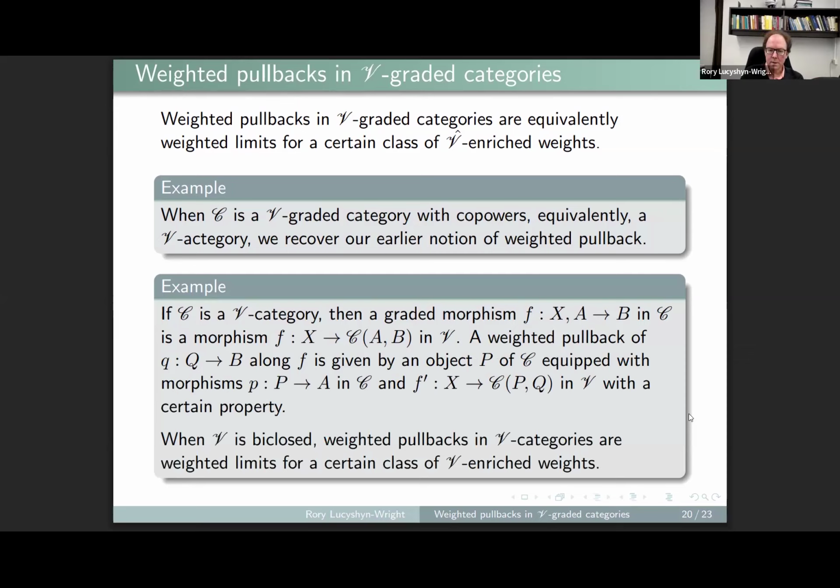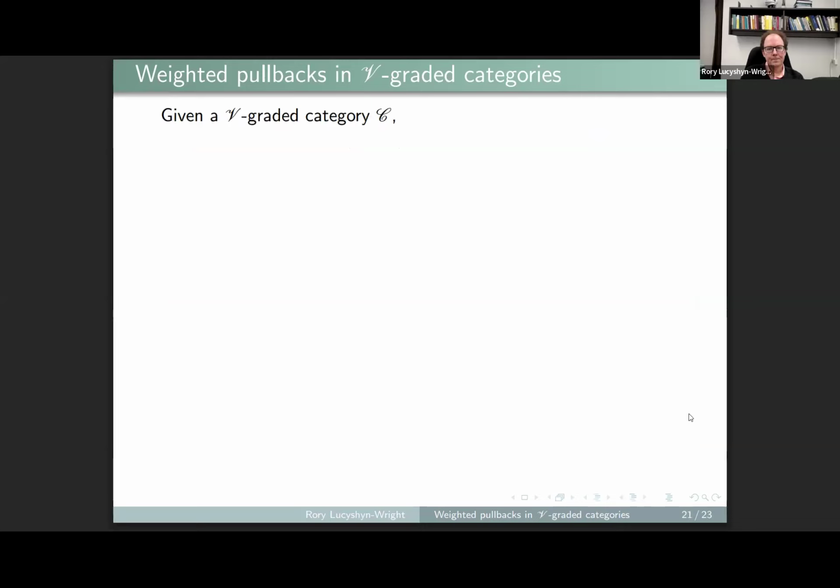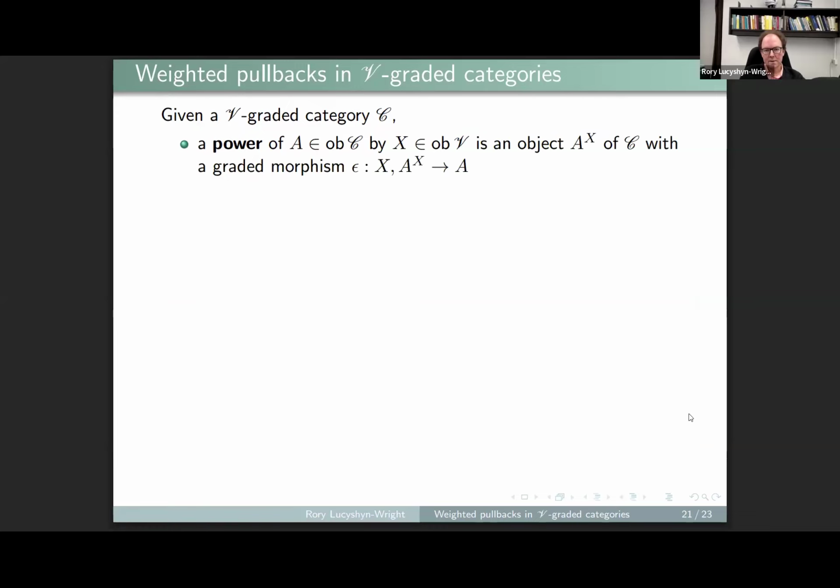When V is biclosed, weighted pullbacks in V-categories can be described as weighted limits for a certain class of V-enriched weights. Given a V-graded category, we can define the notion of power in C. A power of A by X is an object A to the power X of C with a graded morphism of this form, looking like an evaluation, such that a certain graded universal property holds.